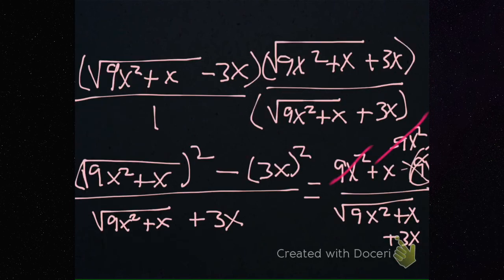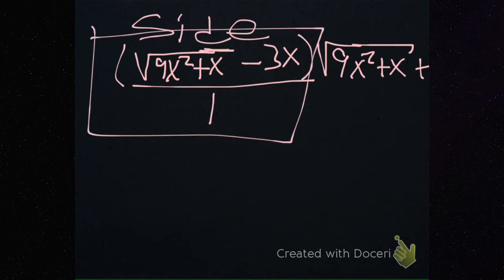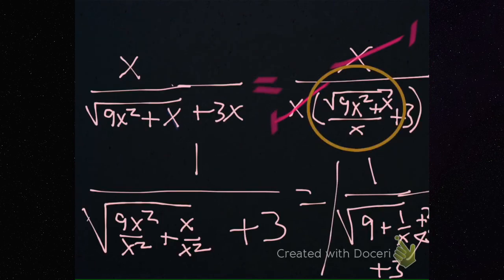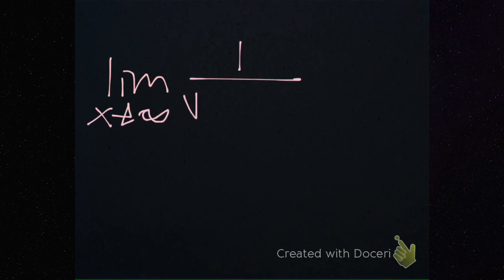So this expression, after manipulation, turns into this one. So we have that limit is going to be equal to the limit as x goes to infinity of 1 over the square root of 9 plus 1 over x, plus 3. Is that right?